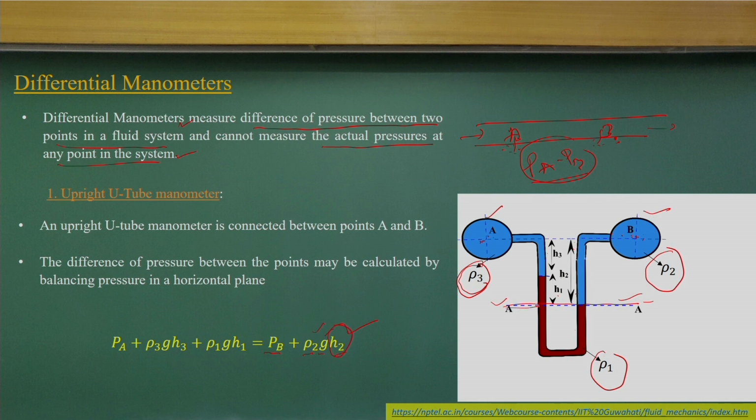If I look at this point, the limb which is connected to A has the pressure PA at that point. Then because of the fluid carried by this conduit, you have a height H3, which gives rho 3 g H3. Then you have the manometric liquid height difference, which gives rho 1 g H1. So, you will get these very basic equations to compute the pressure difference.